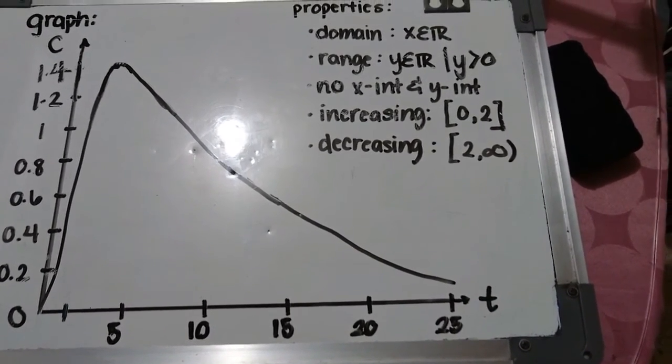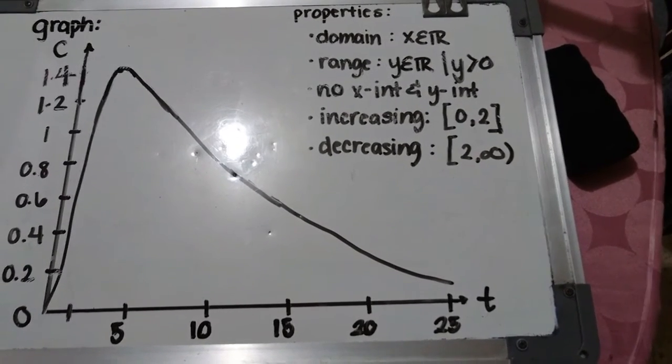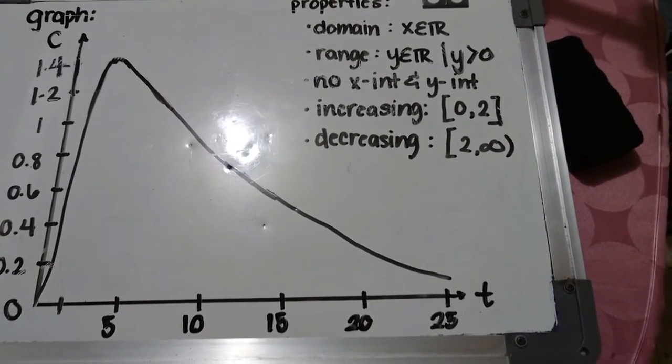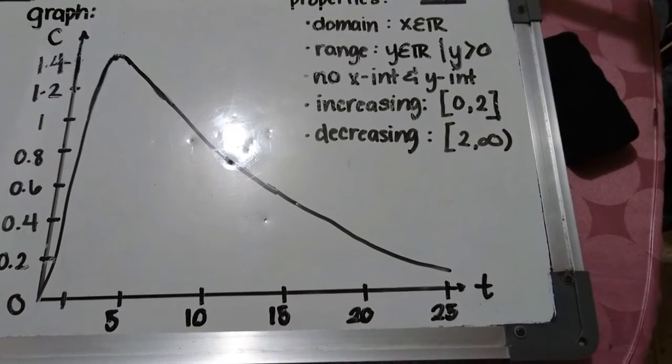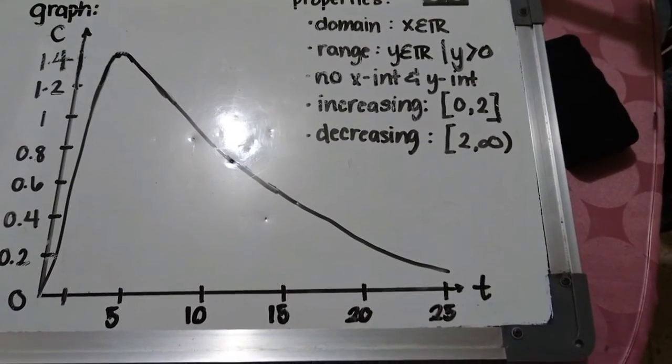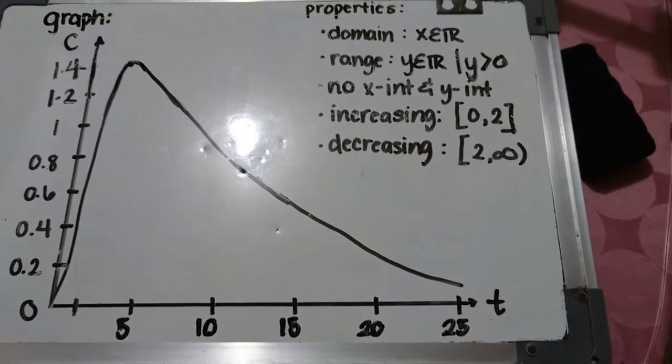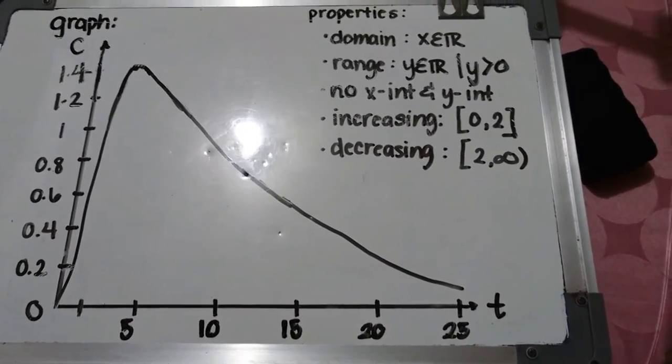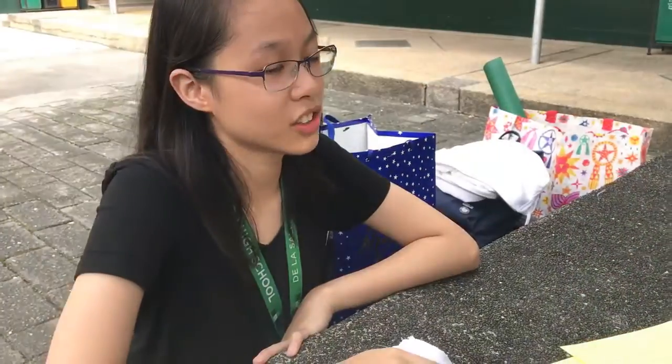This is 18. This is not the final answer yet because we can still simplify it. So let's divide it by 2. So 2, 8, and 9. So 8 over 9. Oh yeah, that's right.